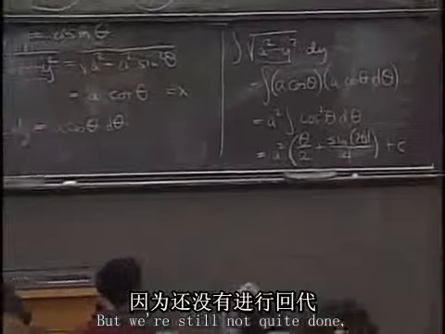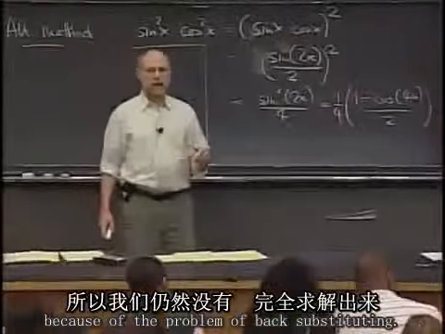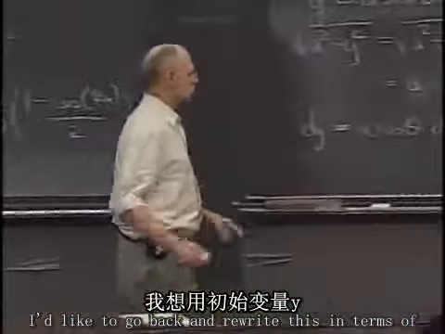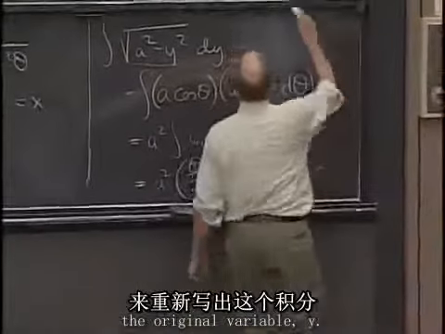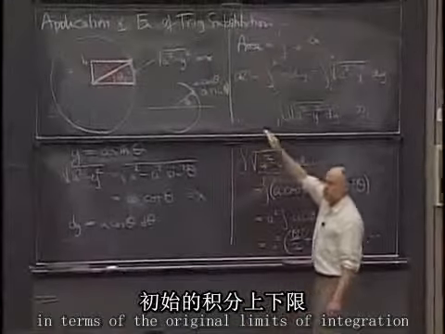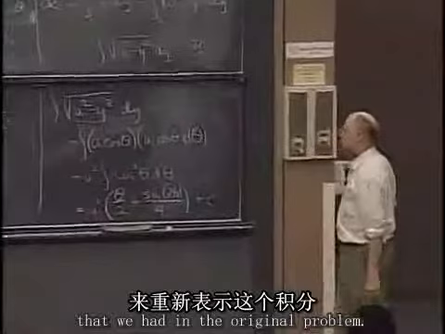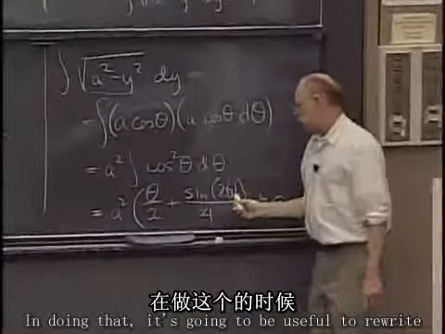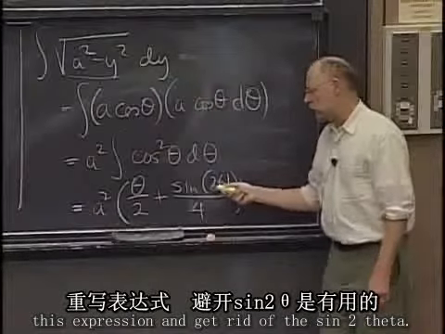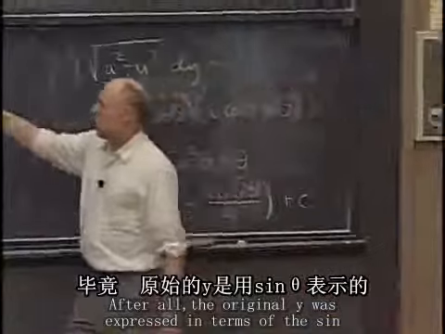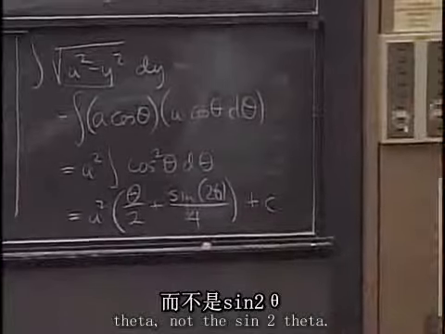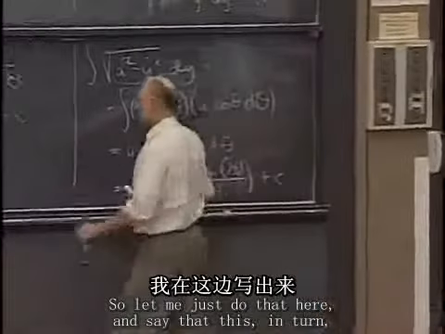But we're still not quite done because of the problem of back substituting. I'd like to go back and rewrite this in terms of the original variable y. Or I'd like to go back and rewrite it in terms of the original limits of integration that we had in the original problem. In doing that, it's going to be useful to rewrite this expression and get rid of the sine of 2 theta. After all, the original y was expressed in terms of the sine of theta, not the sine of 2 theta. So let me just do that here.